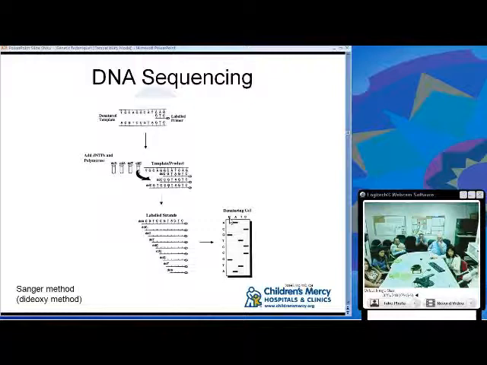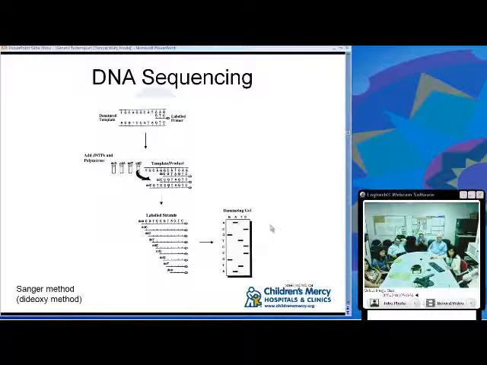And then you load the gel in a particular sequence. So in this particular example, it's GATC. So you would load it, you'd run it a little bit, and then you'd load more of that sample in that same order. And then when you develop the gel on a piece of X-ray film, you'll see these bands.